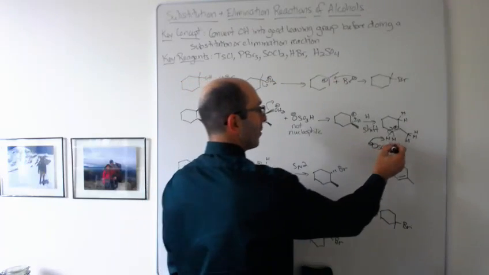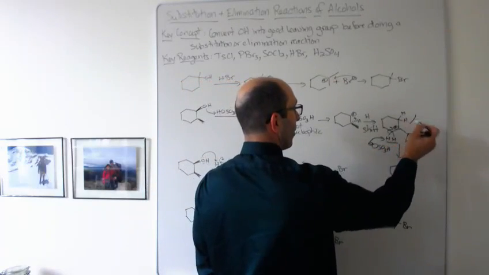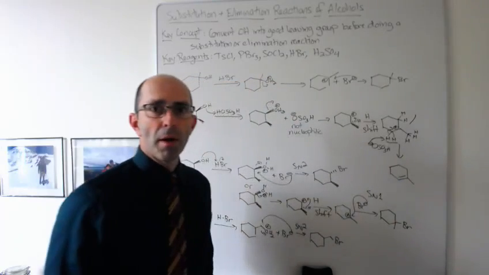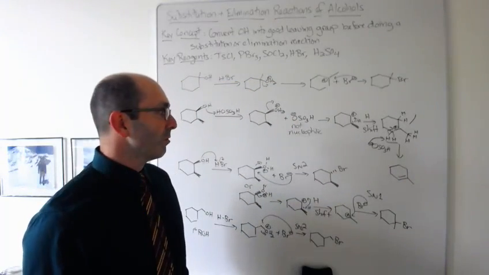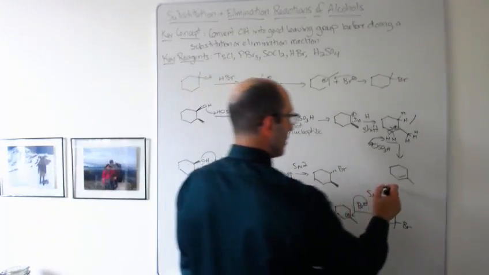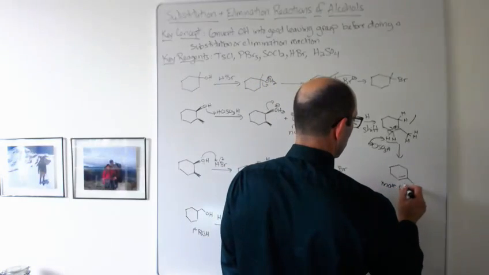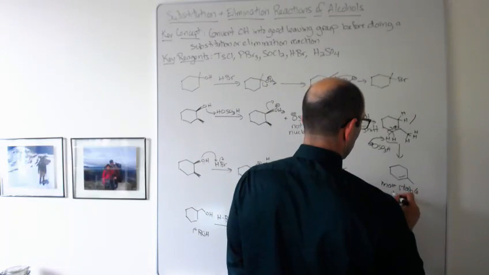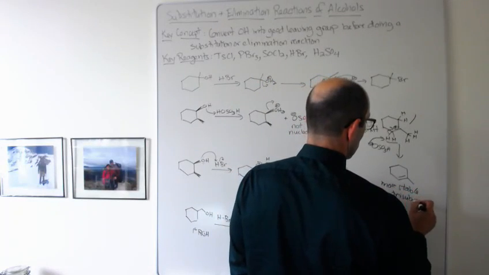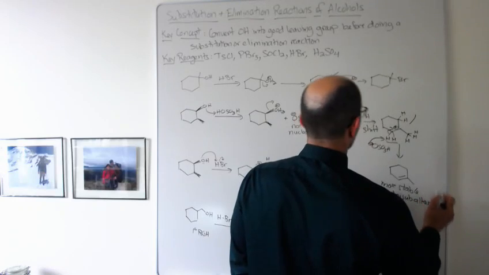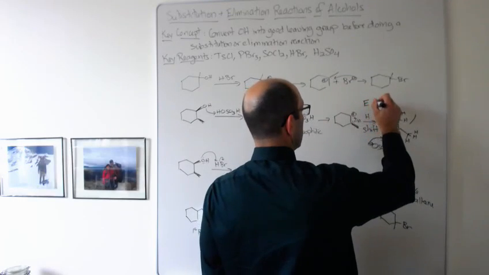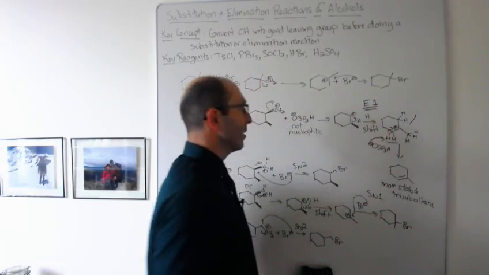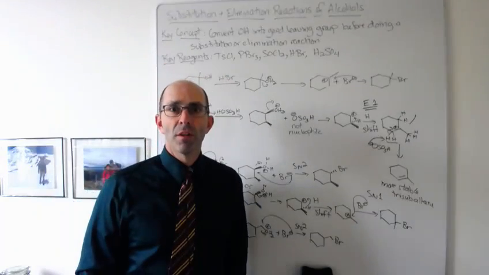Again, if you pull off the beta protons there or up here, you're going to get the same compound because those things are equivalent, right? And we're going to form the more stable tri-substituted alkene. And again, by an E1 reaction for sulfuric acid, right?